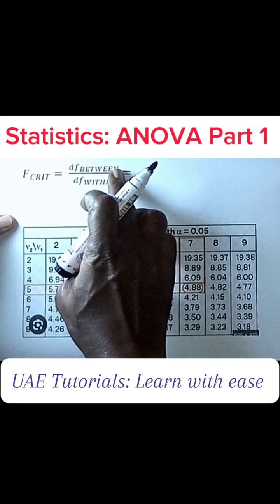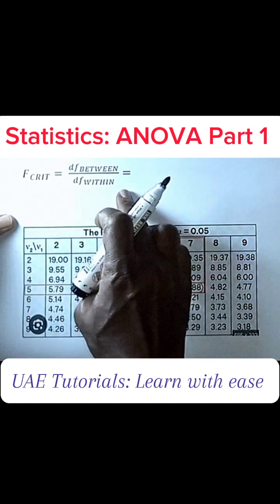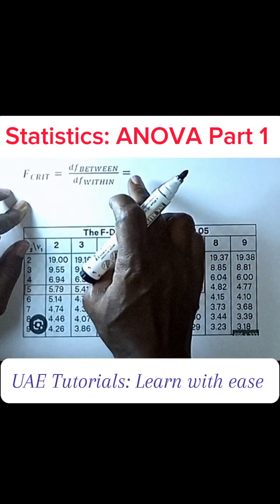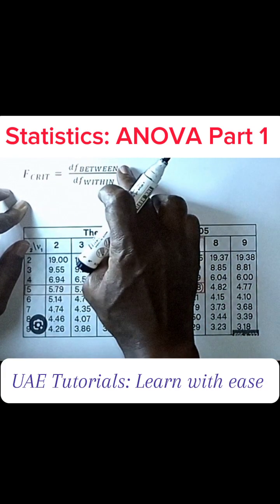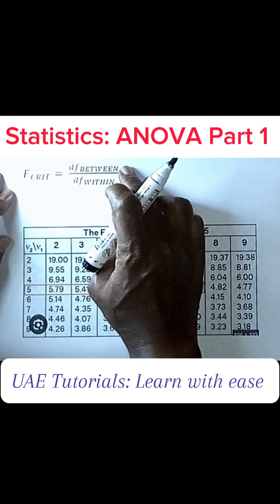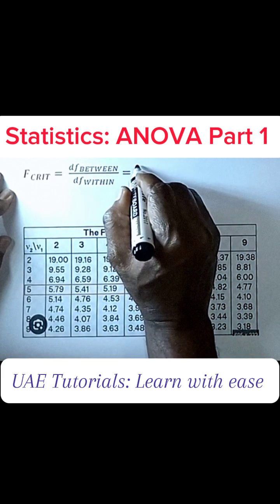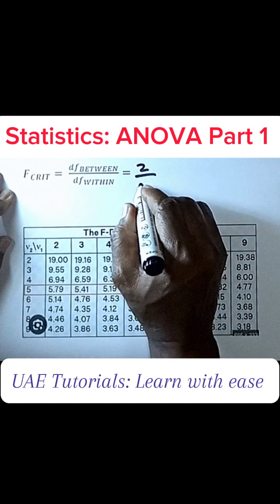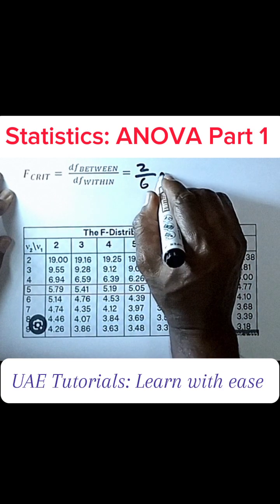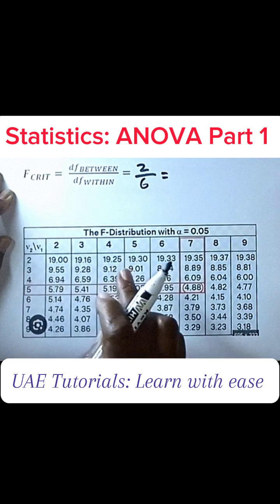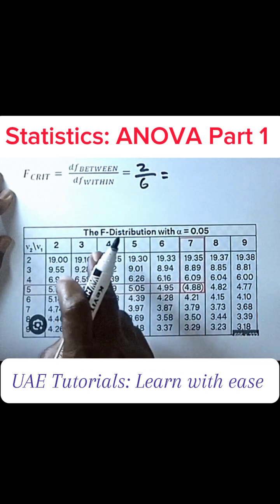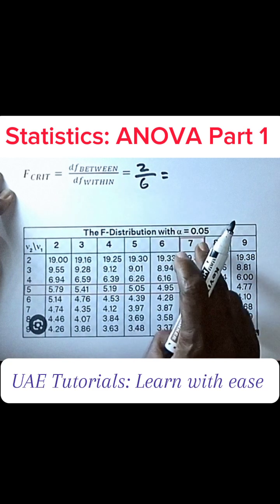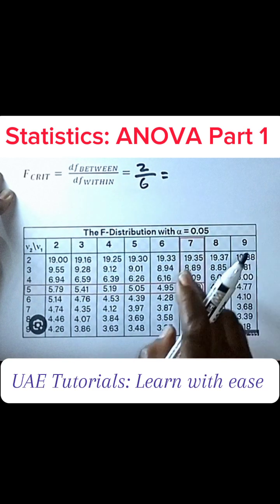The next step will be to calculate the F critical value, and it's given by the formula: the degree of freedom between all over the degree of freedom within. So our degree of freedom between, as we noted earlier, was 2, while our degree of freedom within was 6. So what we do is that we read it off what is called the F distribution table at alpha equals 0.05.